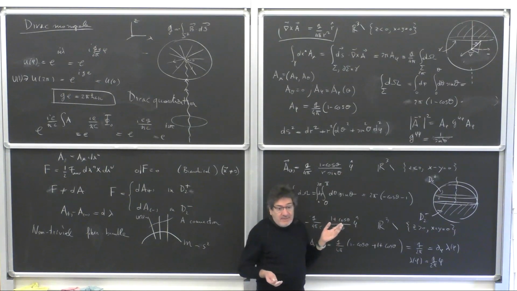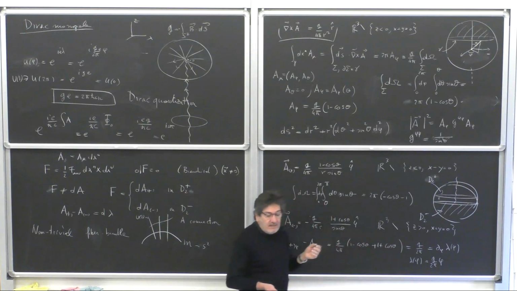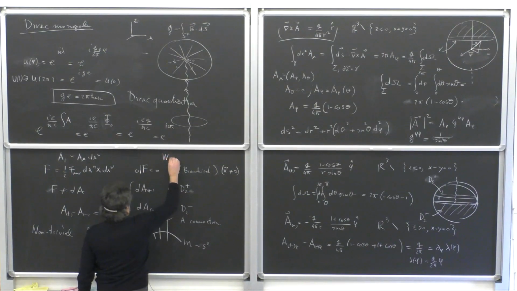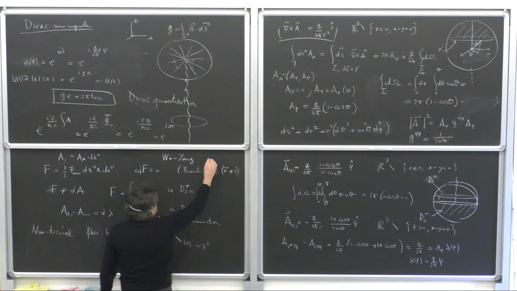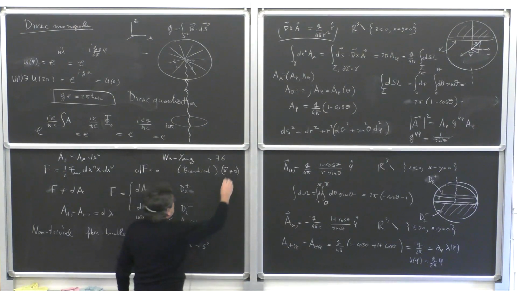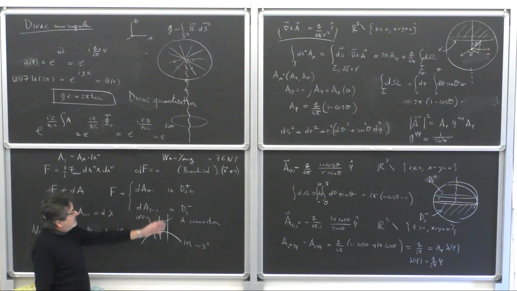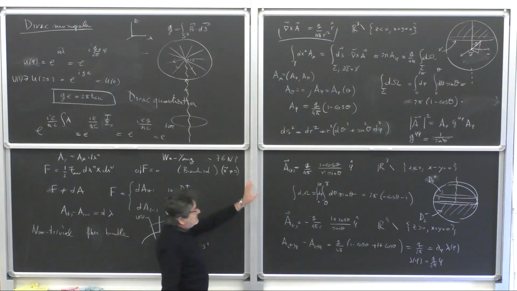The two are connected by gauge transformation, no problem, okay? And this is the so-called Wu-Yang monopole. This is a very nice paper by Wu and Yang. This is 76, so it's not so long ago after all, okay? You can read it in Nuclear Physics. They argue that this is a proper way to describe the monopole without string.